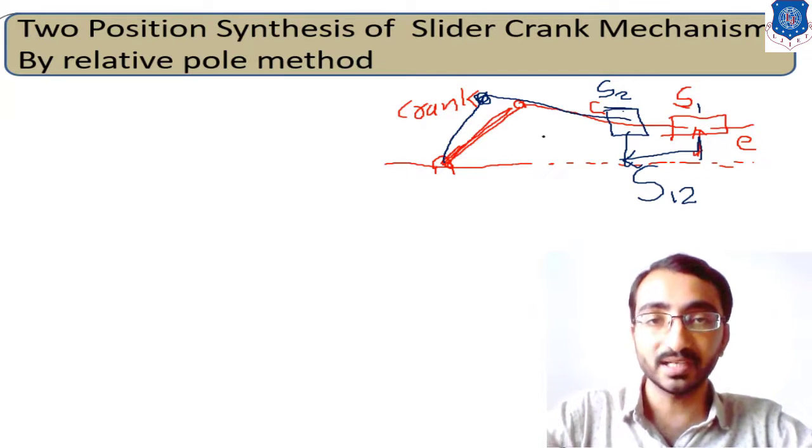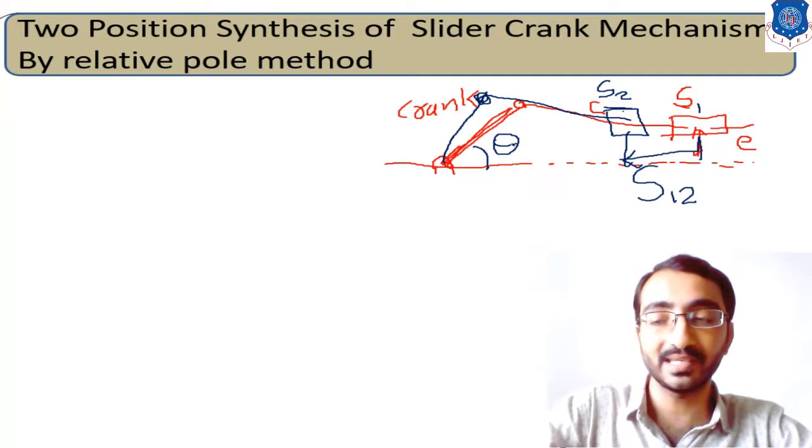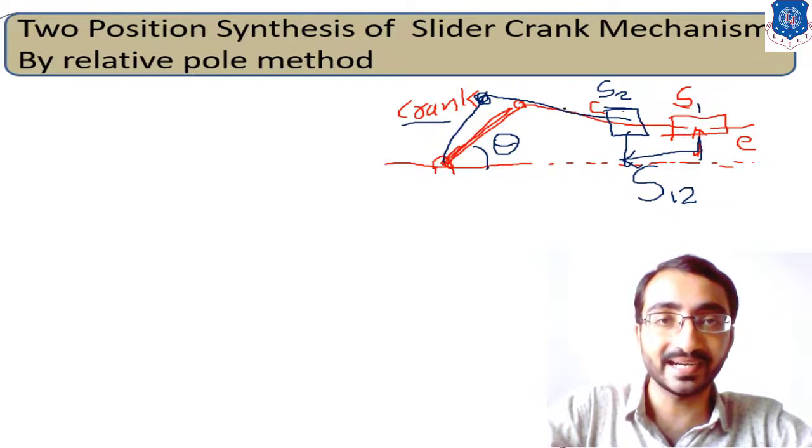So quickly understand this data. This one is known as the input angle, that is the crank angle, which we call theta. Now we have two components, that is the crank and the connecting rod.